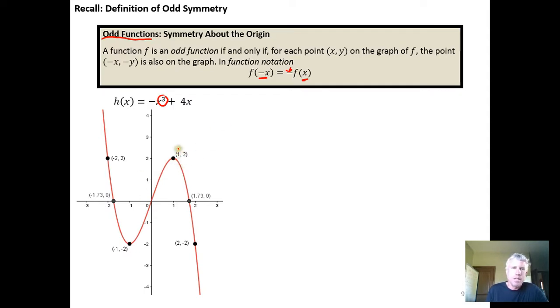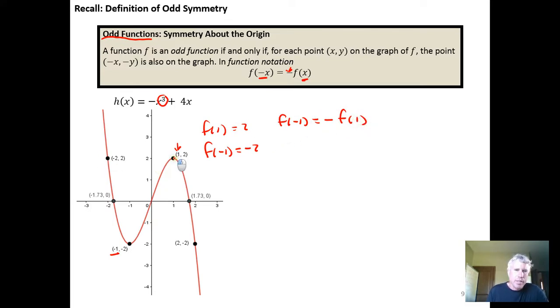If we look at 1, f of 1 is 2, but when we plug in the opposite of 1, we get negative 2, which tells us that f of negative 1 equals the opposite of f of 1.